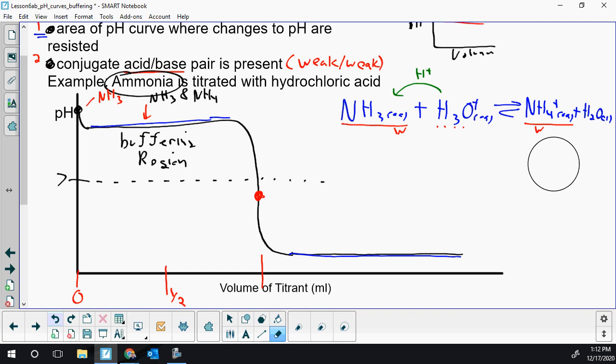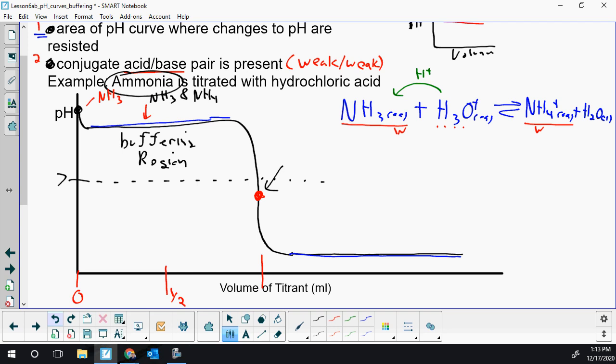If we move on to the equivalence point and think of what's going on there, it's not flat, but it's worth thinking about. The equivalence point is when we've added an equal amount of both reactants. At the equivalence point, there's no reactants left.